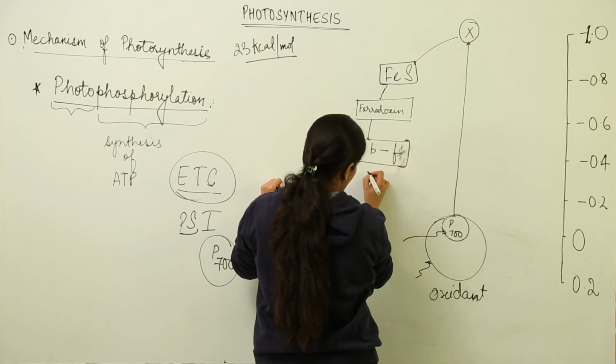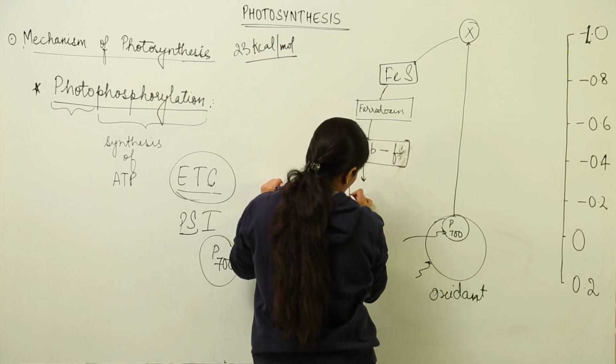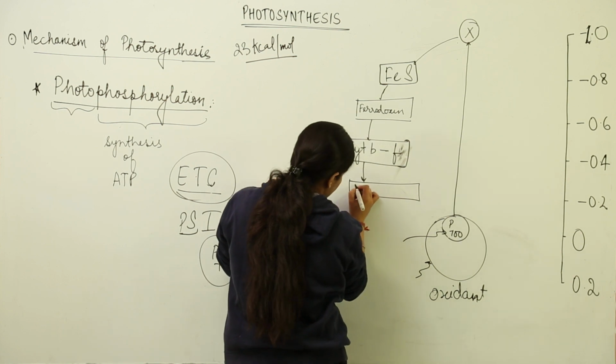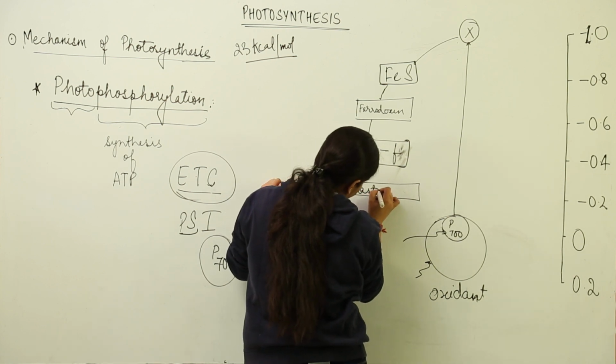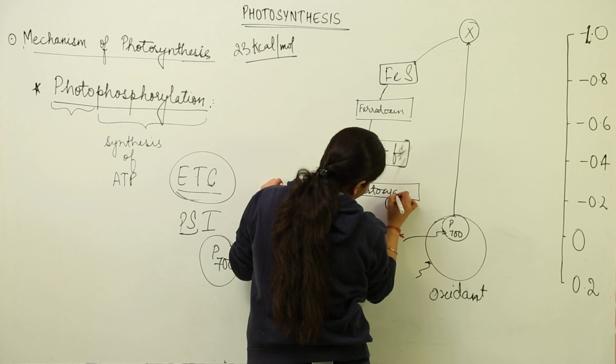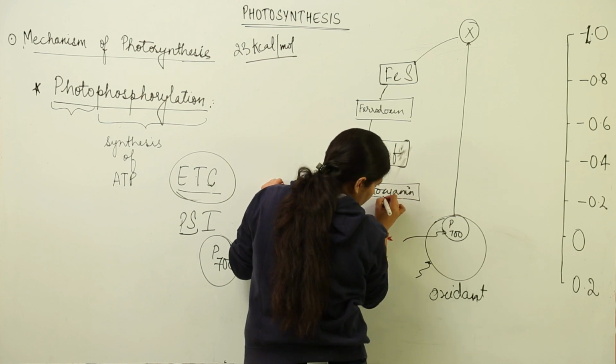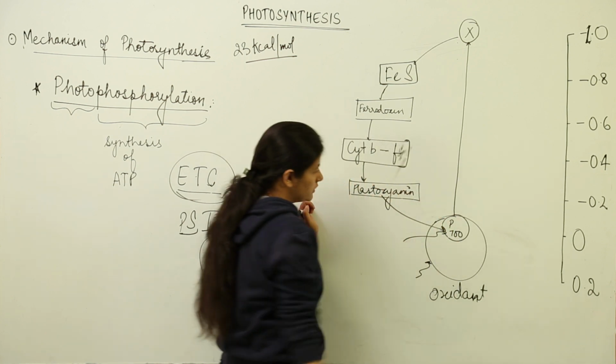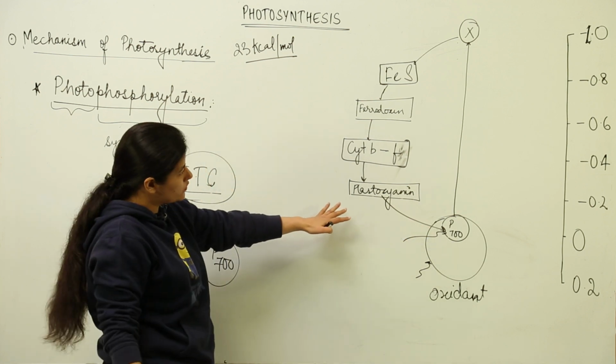From cytochrome B and F, it goes to plastocyanin. And from plastocyanin, it comes back to the site from where it was excited.